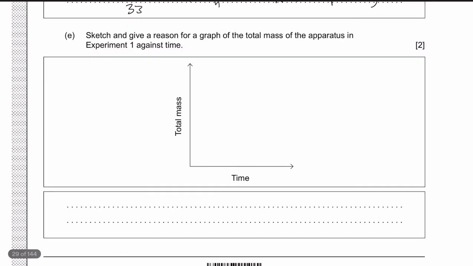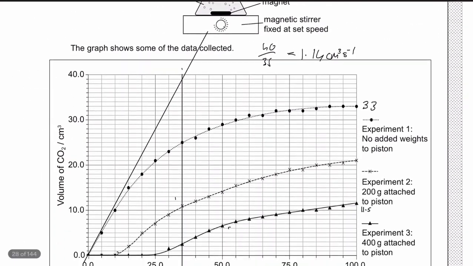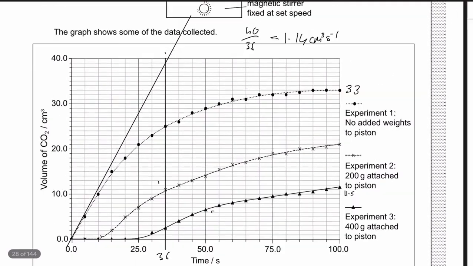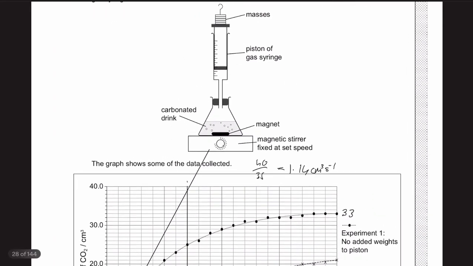Sketch and give a reason for a graph of the total mass of the apparatus in experiment 1 over time. We're not adding any weights. The mass of apparatus, so the whole apparatus. Syringe is there.